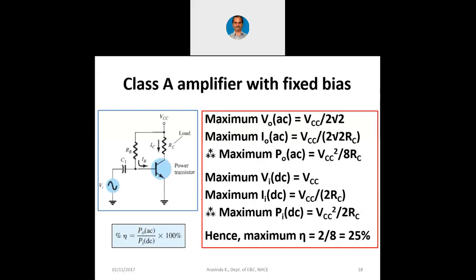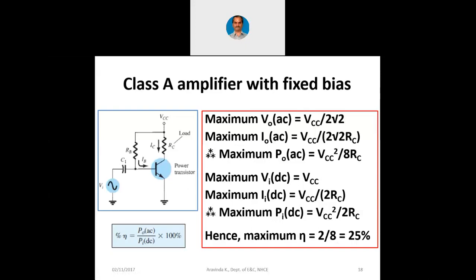Which means in the case of the fixed bias circuit, Class A amplifier, without the load and considering the collector resistor itself as the load, the efficiency can be maximum 25% only. We had seen even in voltage divider bias yesterday that the efficiency was really very less. It was around 3%.